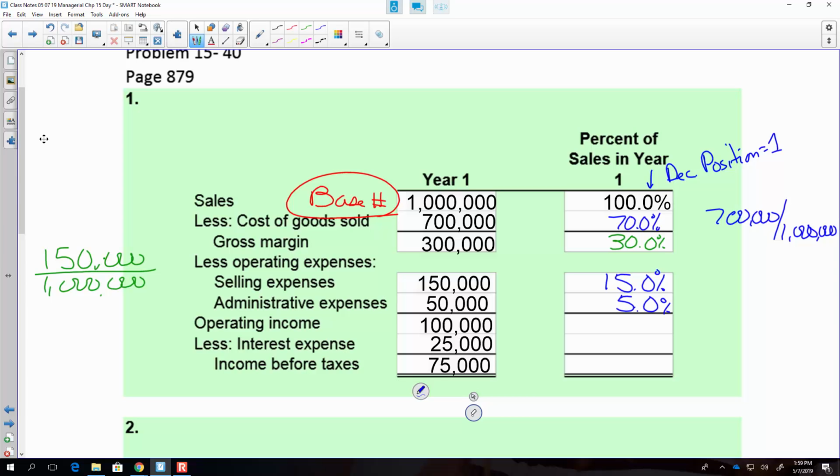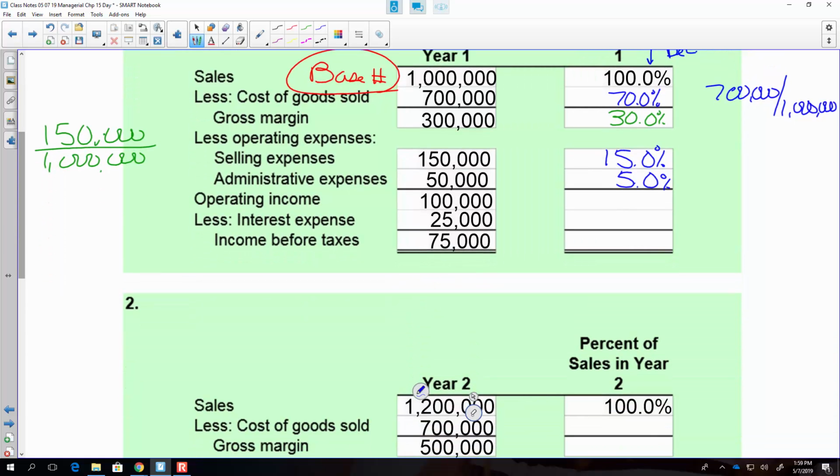Just dividing each of these numbers by the 1 million. 100 is obviously 10%. 25,000 is 2.5%. And our profit, 7.5%, to wrap it up.